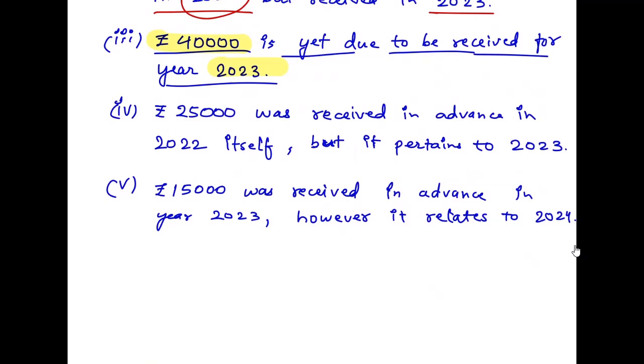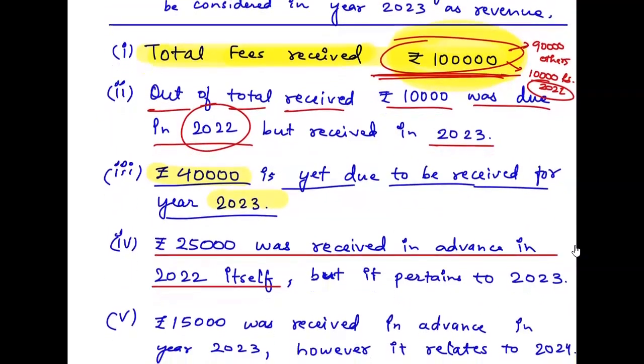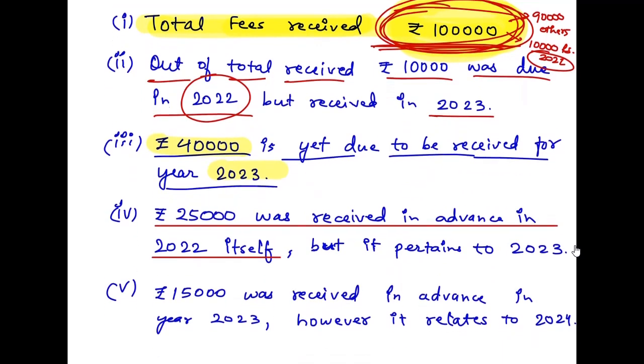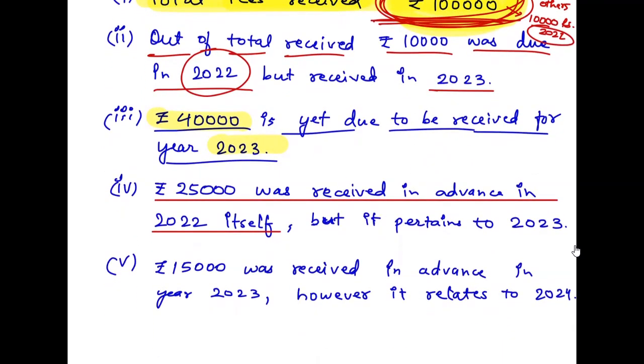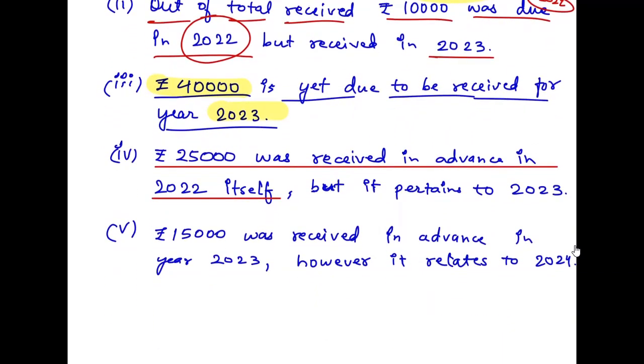Then next adjustment, rupees 25,000 was received in advance in 2022 itself. So if the amount is received in 2022, obviously this won't be included in my 1 lakh. This is not included in my 1 lakh because it was received in the previous year. But they have mentioned that it pertains to what year? It pertains to 2023. So this is my income for 2023 itself.